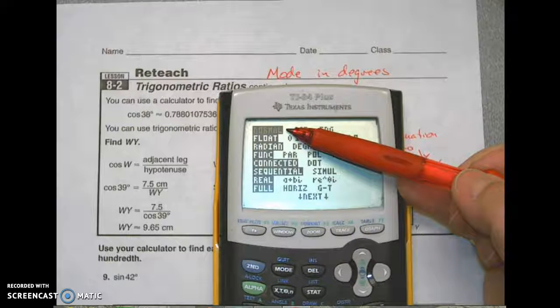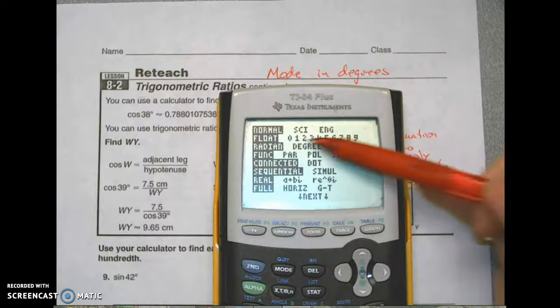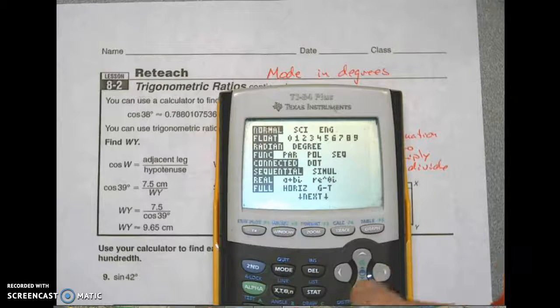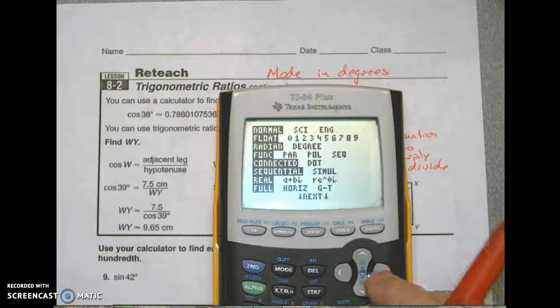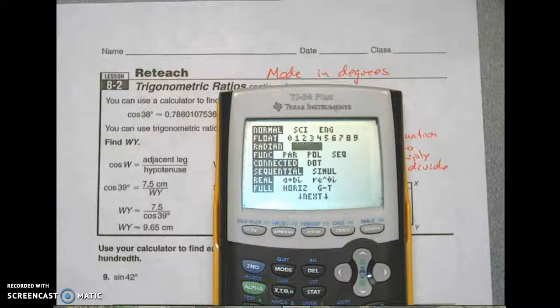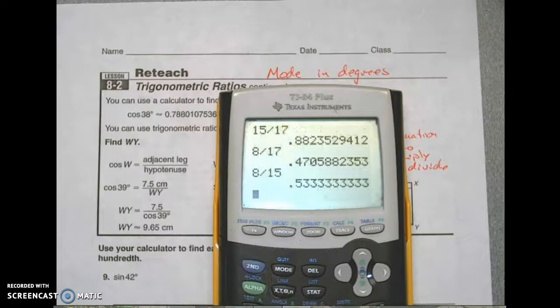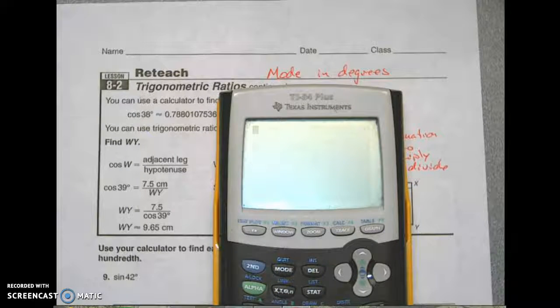In my mode, the third one down is radians or degrees. Anytime you pick up a calculator, if it's been reset, it's going to be in radians. I need to scroll down, highlight the degrees, hit enter so that now degrees is highlighted. Second mode quits me to my home screen of my calculator.